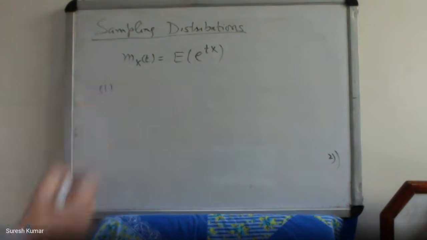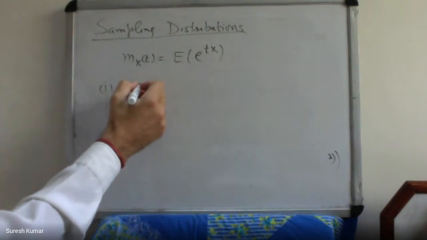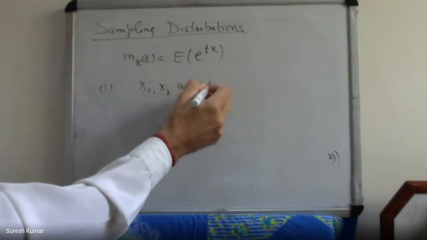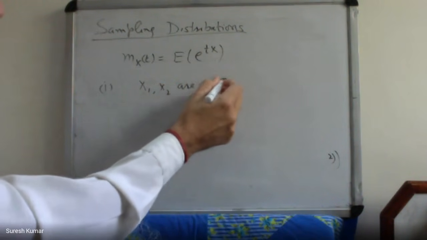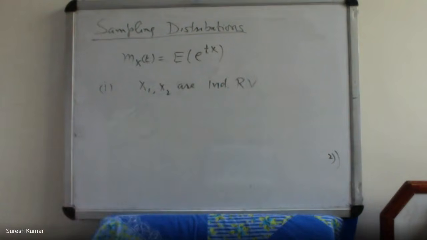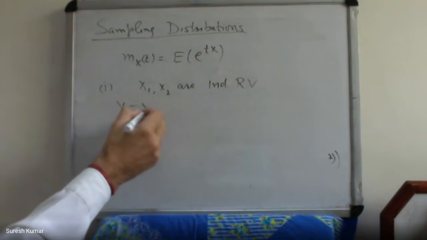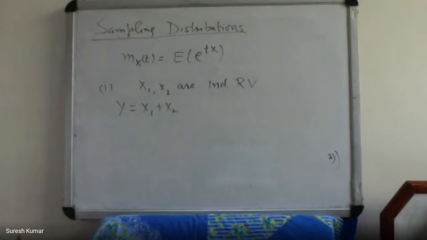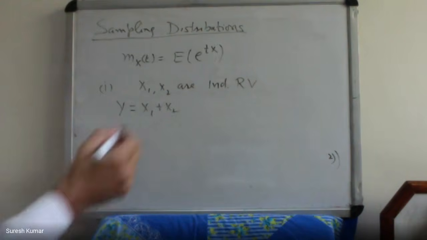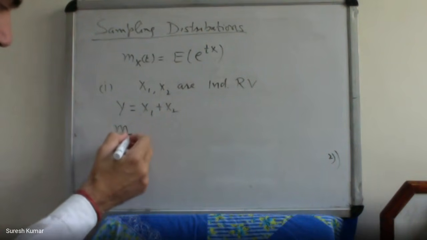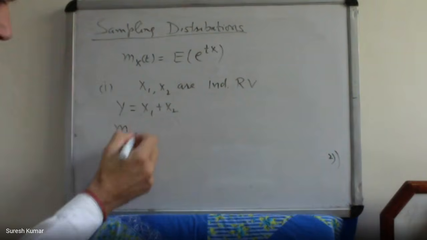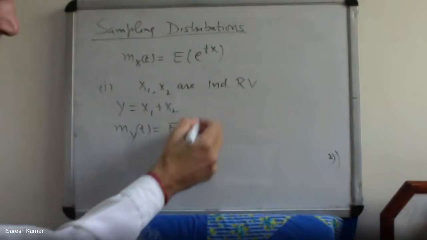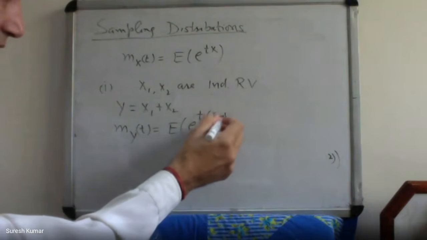Now, if x1, x2 are two independent random variables, and y equal to x1 plus x2, then what is the moment generating function of y? It means the sum of the two independent random variables. By definition, it should be expectation of e power t(x1 plus x2).